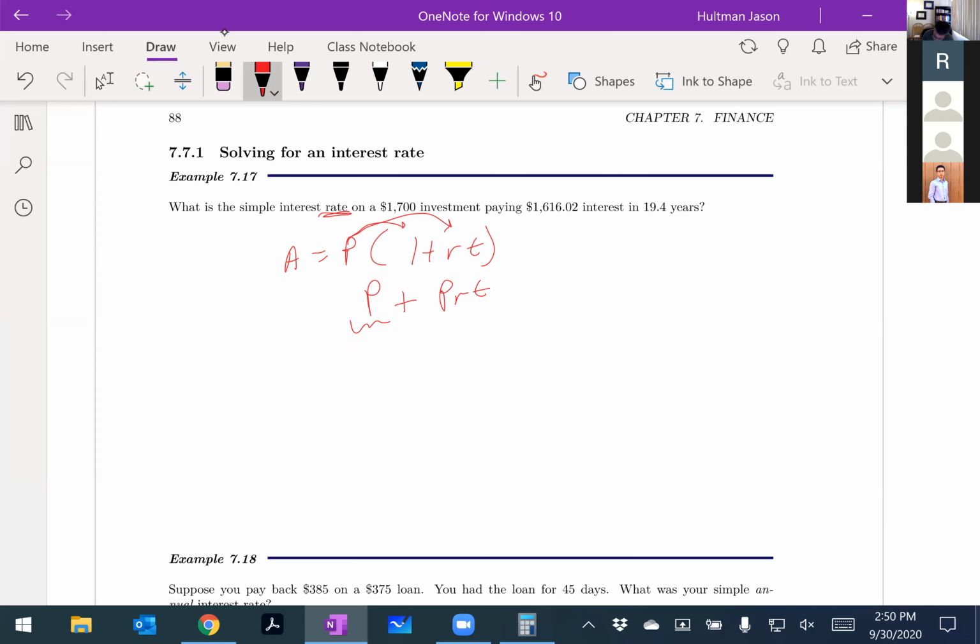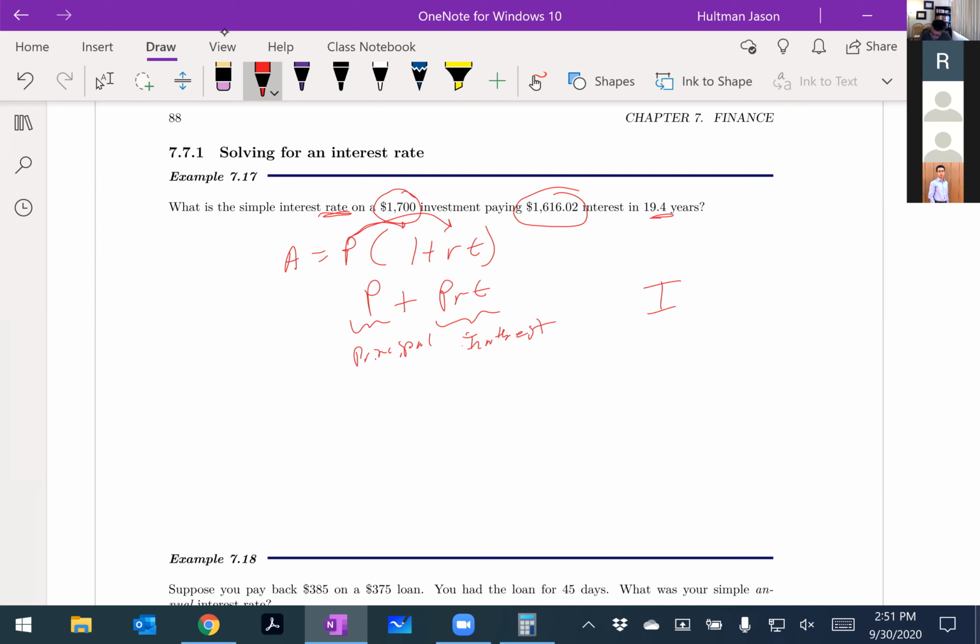This is the principal, and this is the interest, right? They tell us what the interest is, and what the time is. We also know the principal was 1,700, so we do care about the principal.